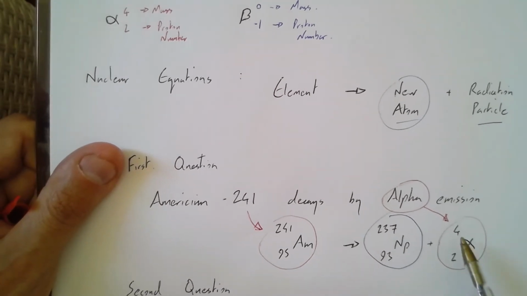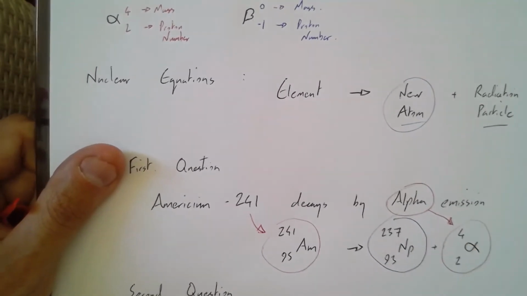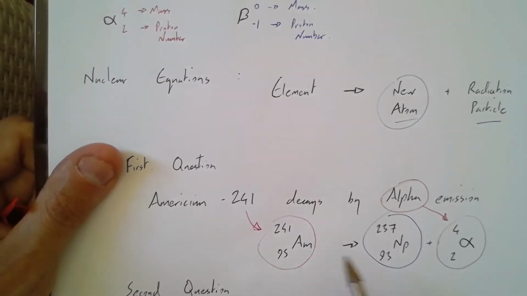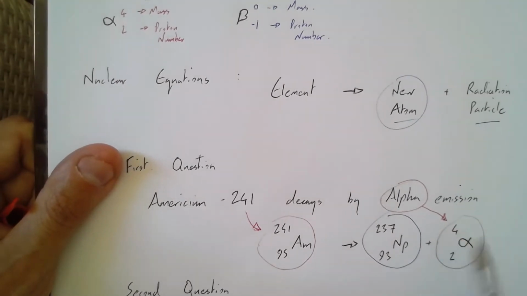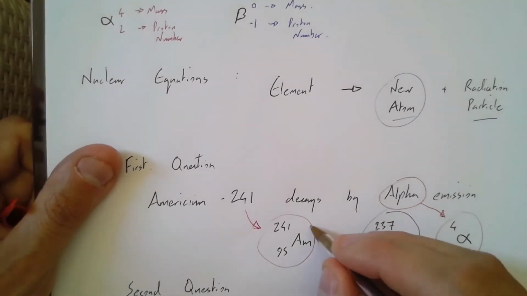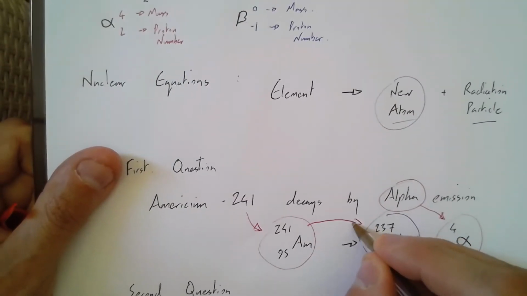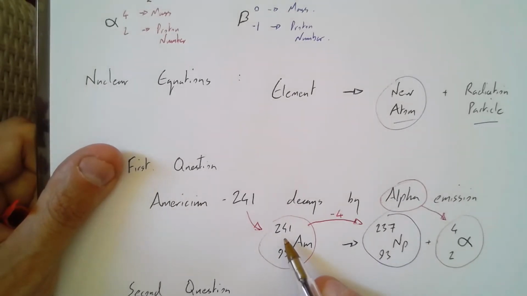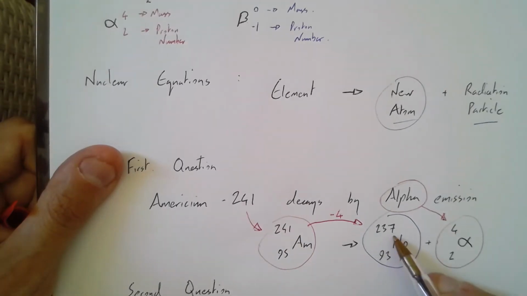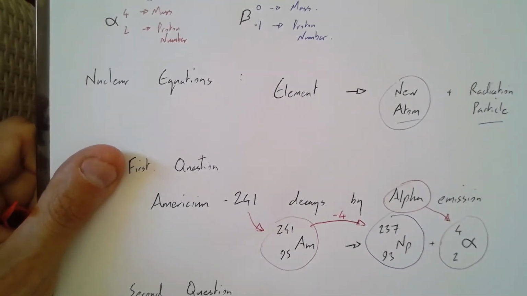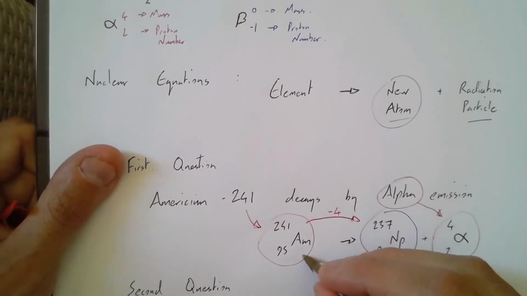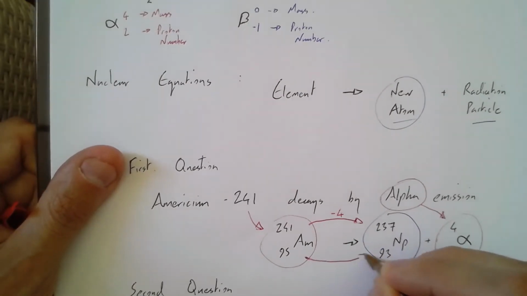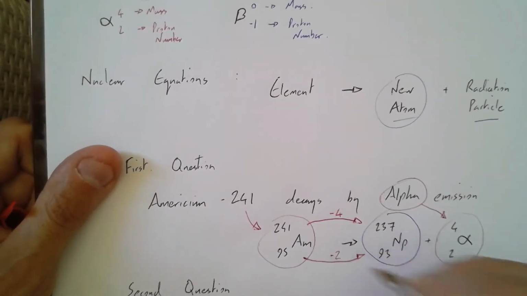Now, as this is an alpha particle that is decaying, this americium gives off the alpha particle, creates this. We can see at the top we have lost 4 of the mass from the americium. So we now have a mass in our new atom of 237, and at the bottom we are losing 2 protons from the americium.